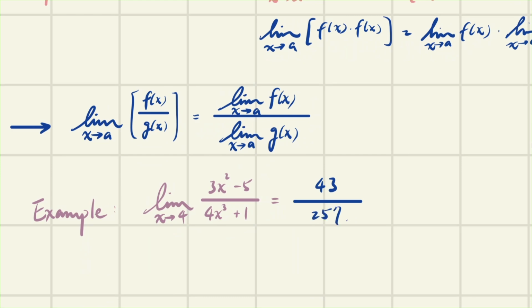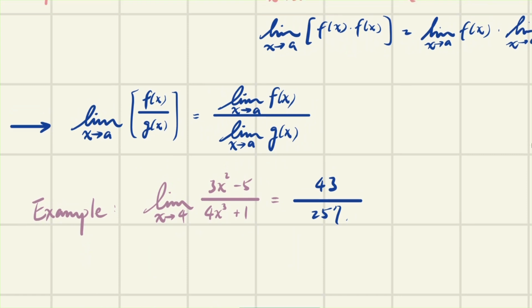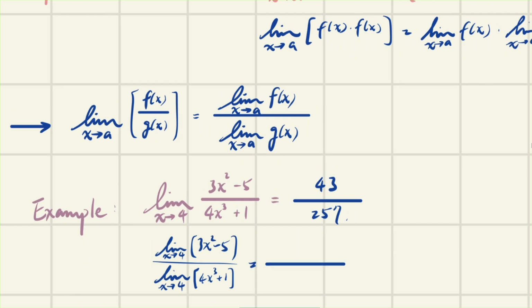Okay? But then what if we take the limit first? Then it becomes limit as x approaches 4 of 3x squared minus 5 over limit as x approaches 4 of 4x cubed plus 1. From the numerator, we get 16 times 3, which is 48. 48 minus 5 is 43, same thing.